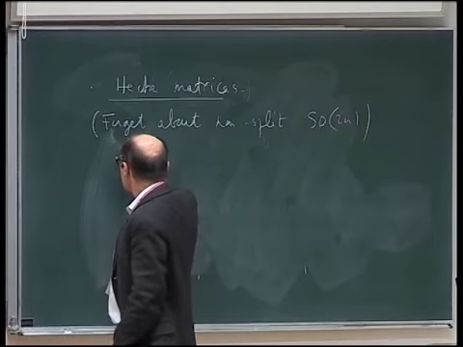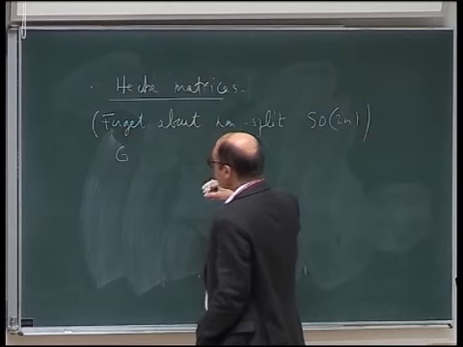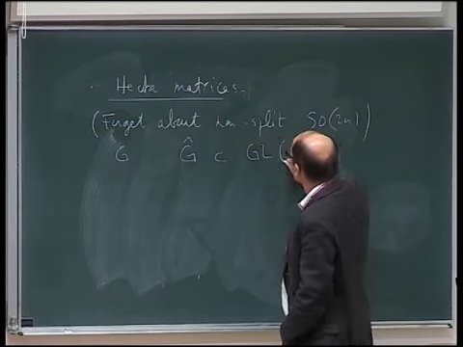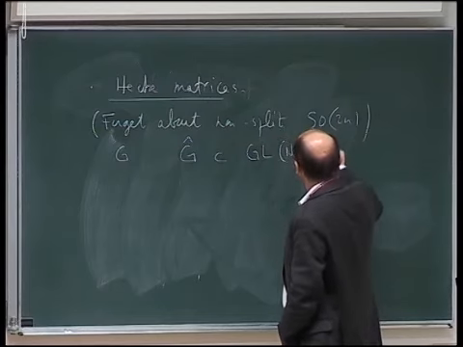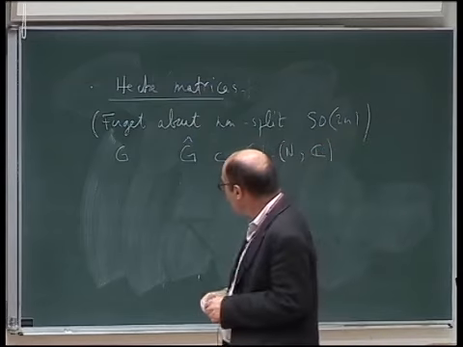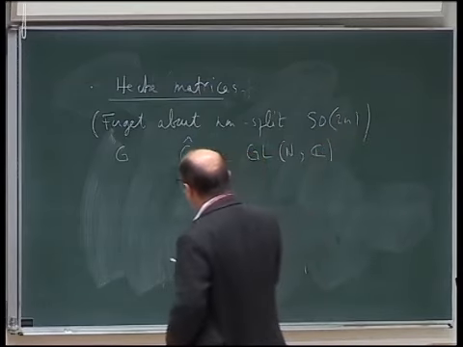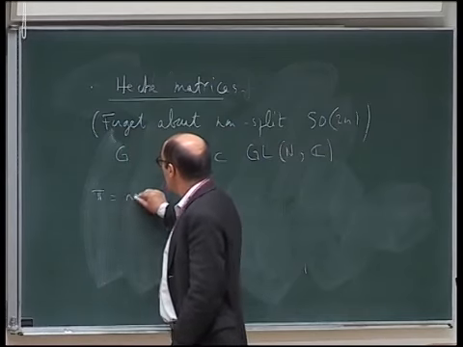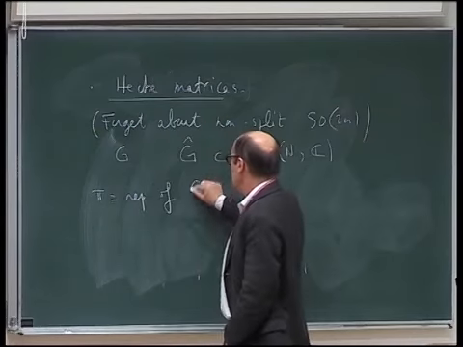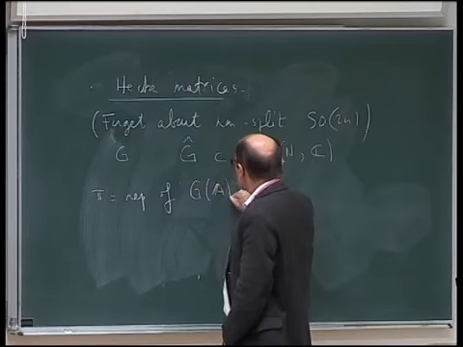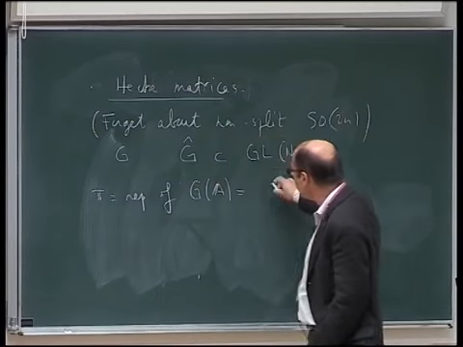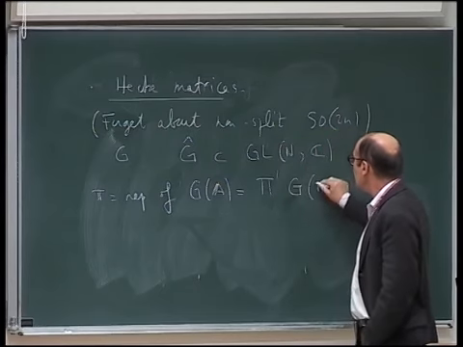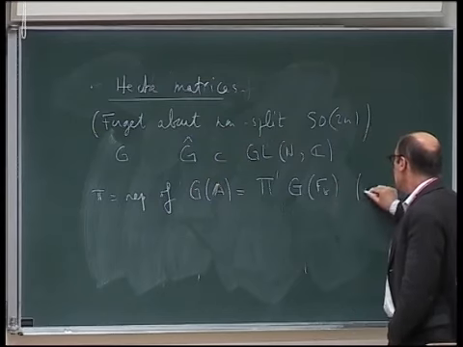What we have here is a group G, and we have its dual G hat, which is contained in GL_N(C). Now suppose I have a representation pi of adelic G(A). And remember that this is essentially a restricted product of G(F_v) over all primes.